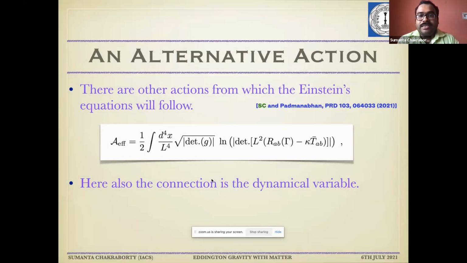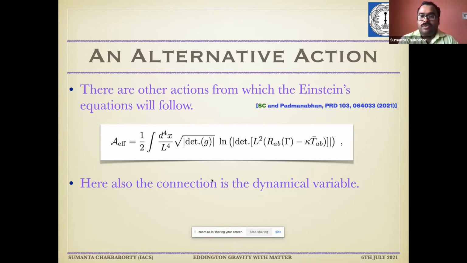Now let us talk about another alternative action, which is again purely motivated by the action which Eddington wrote down. So here, instead of taking the determinant of R_AB minus kappa T bar_AB, we considered it to be the log determinant of it. And then the determinant of g has been added just to make it covariant. So here also the connection is the dynamical variable.